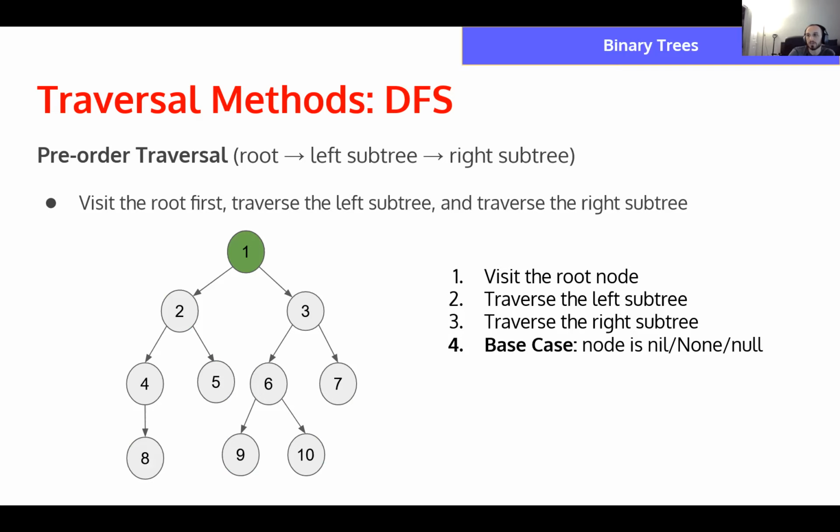So I start with 1, then I go into its child 2, and I'm on the 2 node, and I print out 2, then I go into its children and print out 4, 8, and then there's nothing else in that subtree of 2, so I go back to 2, and then over to 5, and back up and back down.